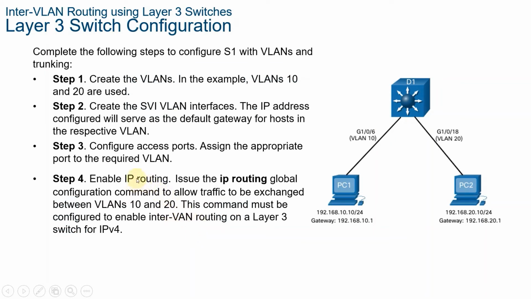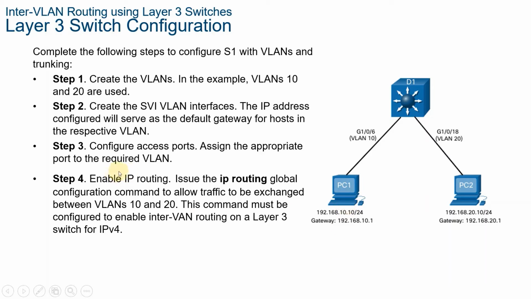So let's have the layer 3 switch configuration for this topology here. It includes several steps. So first, create the VLANs. In the example, VLANs 10 and 20 are used. Second, create the SVI VLAN interfaces. The IP address configured will serve as the default gateway for hosts in the respective VLAN.